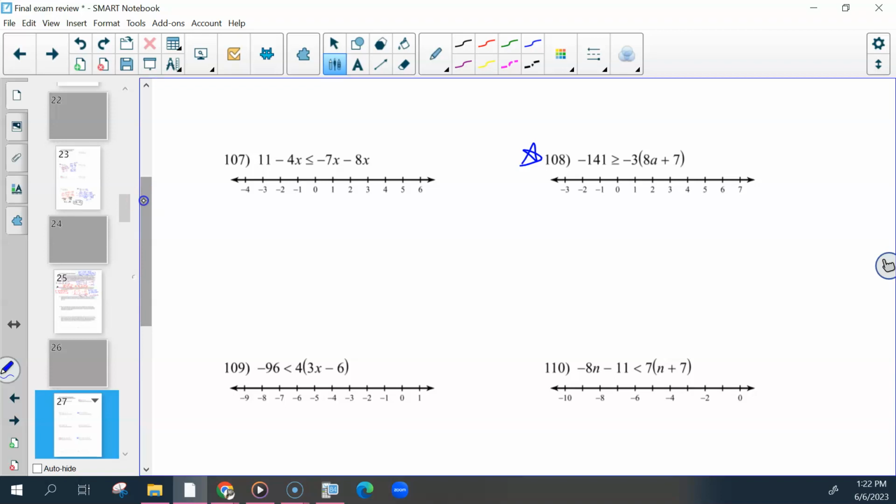Just like regular equations, we have to get the variable by itself. So distribute. Add 21 to both sides.